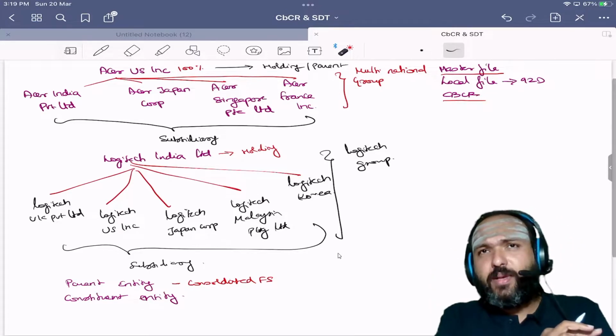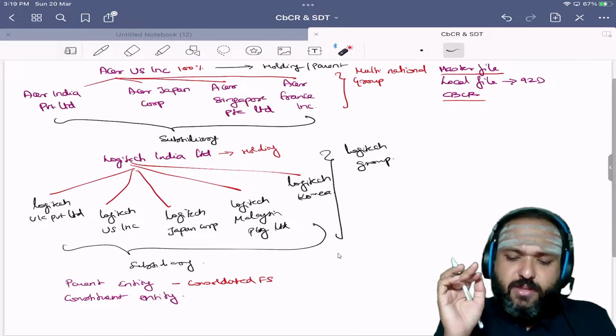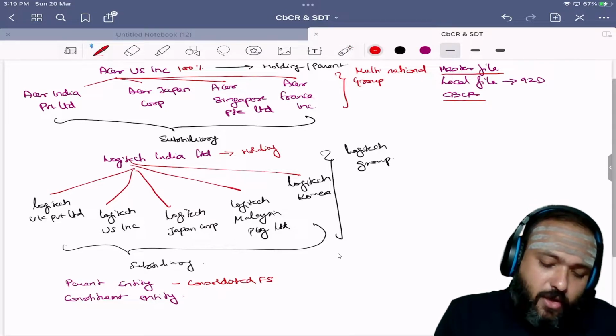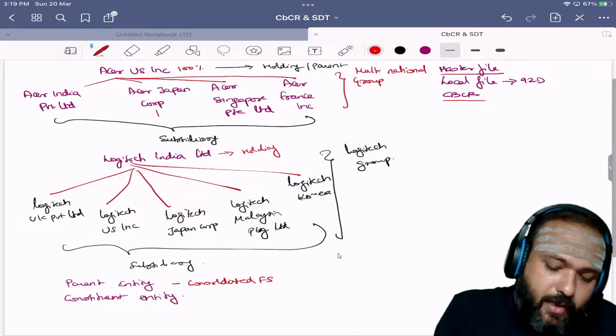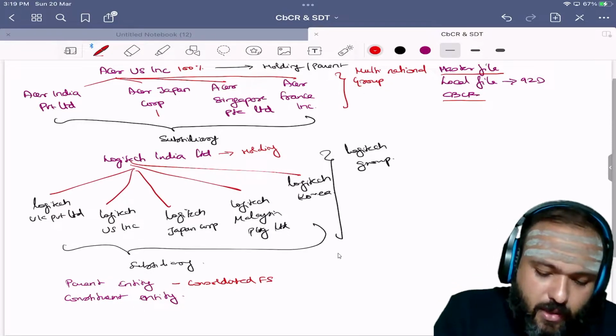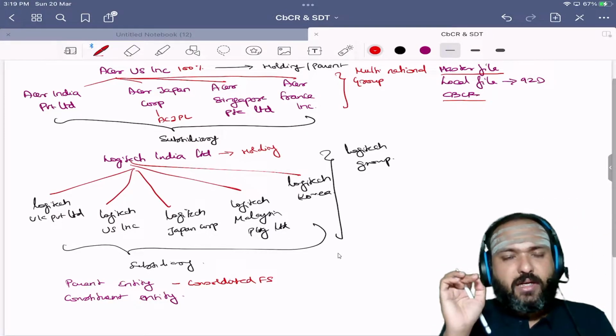Now, some of you might have this doubt. Sir, you are giving a very plain example. Suppose Acer India Private Limited has another subsidiary called Acer Japan Private Limited.